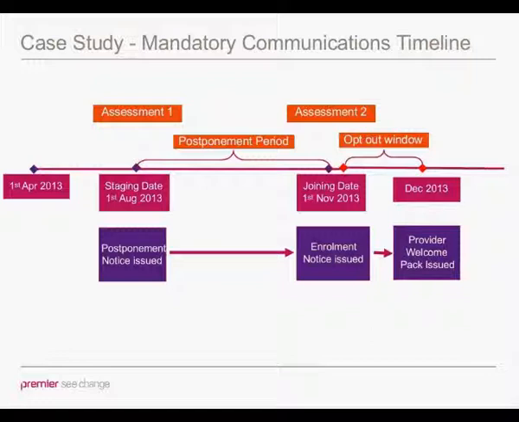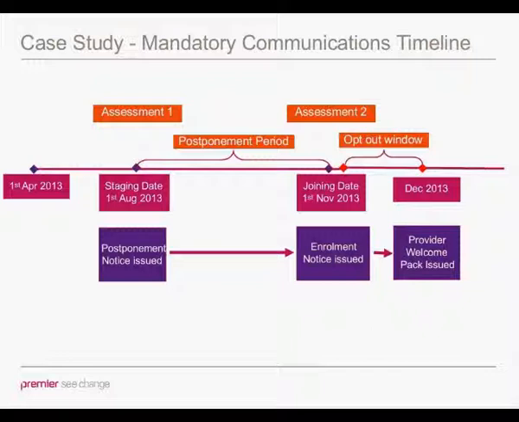So it's a pretty big task here, effectively involving 2,000 communications in this particular employer's case. Now again, there's different ways that you can structure these communications. You can have a general notice that covers all employees, or you can have what's termed tailored notices, so they're very focused on that individual's particular circumstances. It's important to work that out.